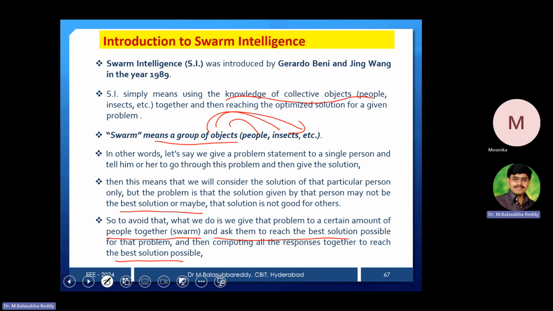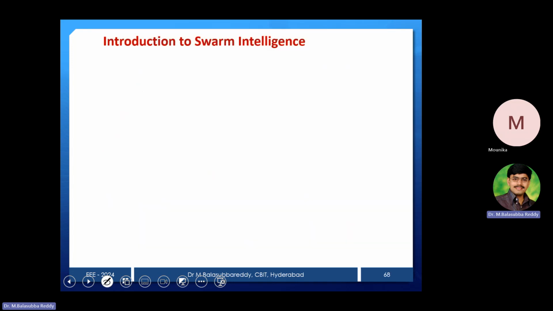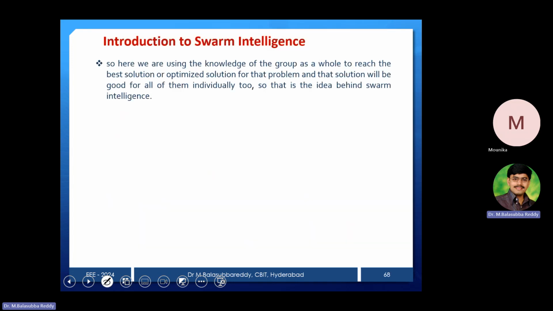If we ask a group of people to solve that, that may be the best possible solution. That's what I mentioned here. So we are using the knowledge of a group instead of one person's knowledge. The knowledge of a group of people will help reach the best or optimal solution for the problem.